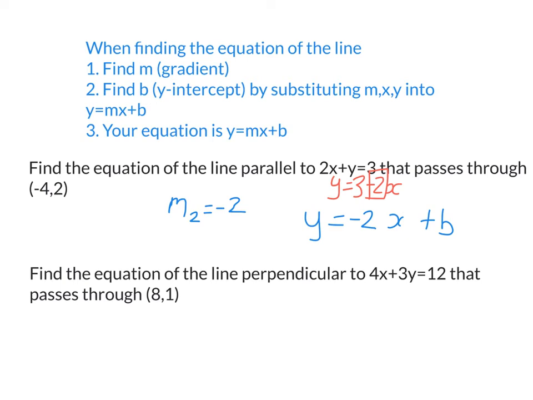This is the x value, this is the y value. So I'm going to change x to minus 4 and y to 2. Now I simply solve this equation. Minus 2 times minus 4 gives 8. So 2 equals 8 plus b. Subtract 8 from both sides, and you get minus 6 equals b.